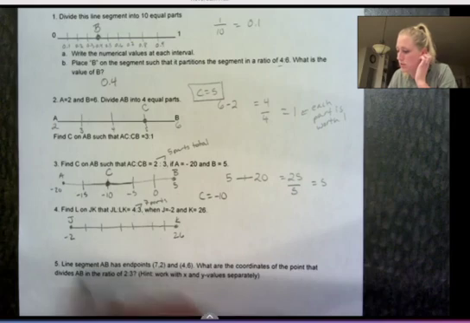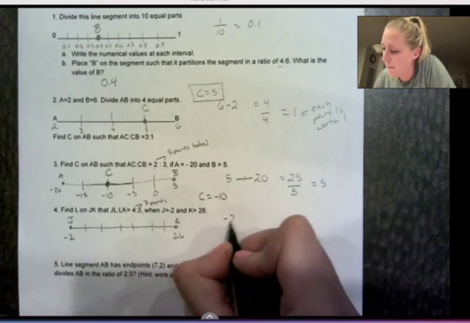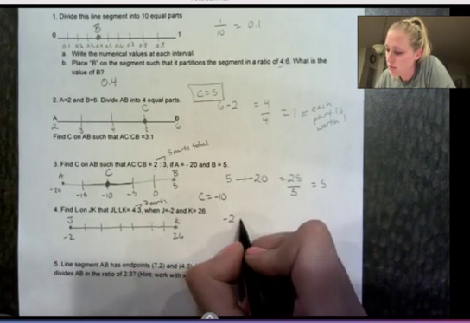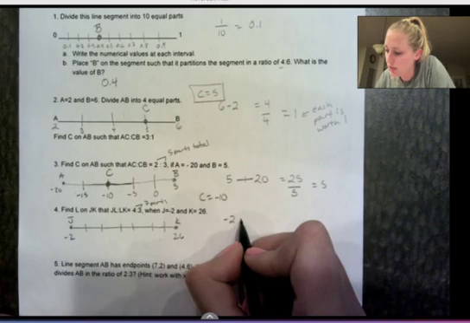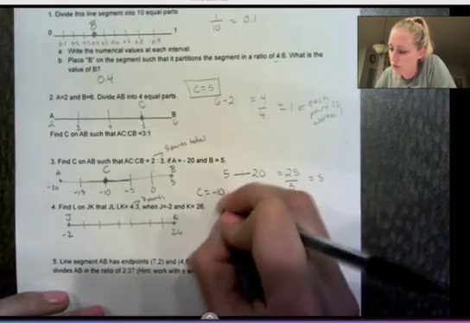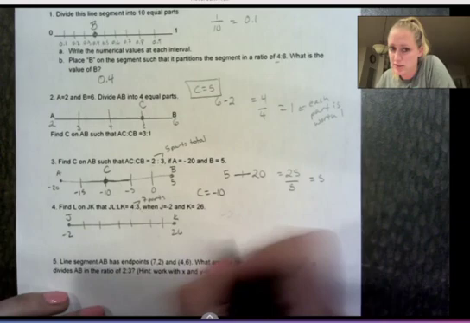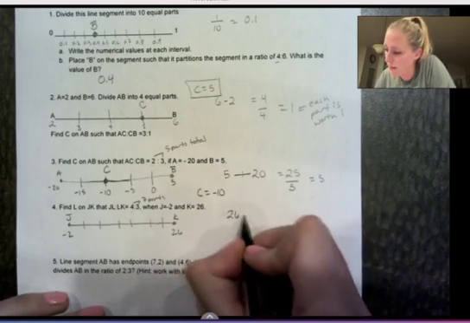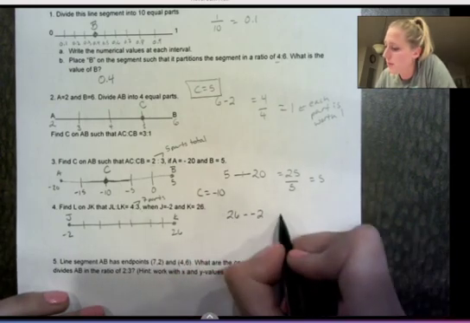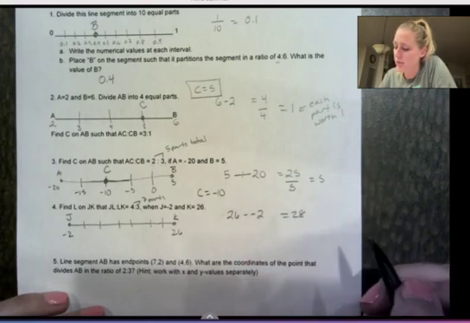So the distance between those, I usually do the right minus the left. Remember distance here, 26 minus negative 2 means they are 28 apart from each other.